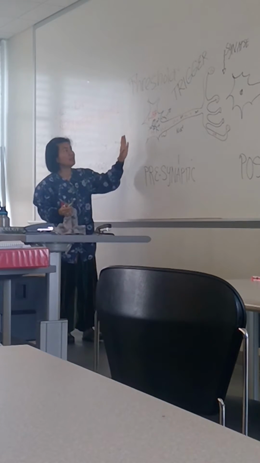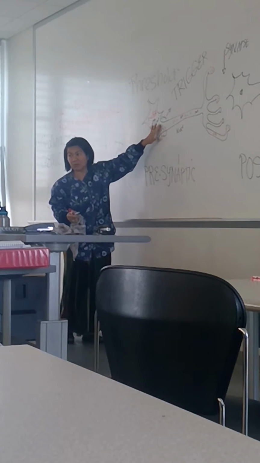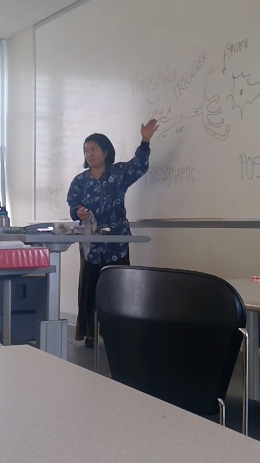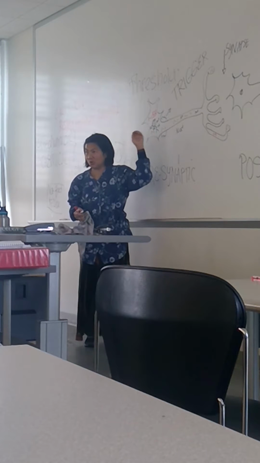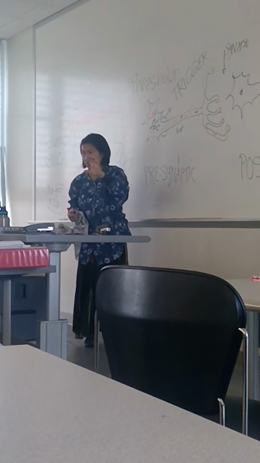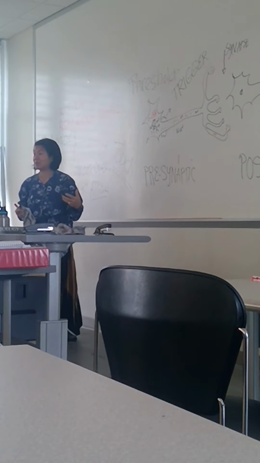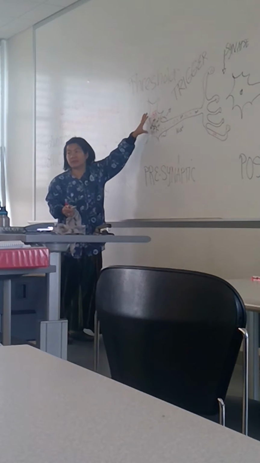Once we hit minus 55 here at the trigger zone, this is going to fire. The axon is going to start generating action potential. The word action potential only happens in the axon, not here.